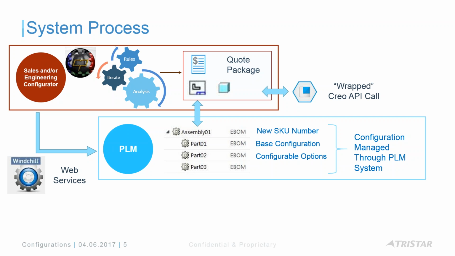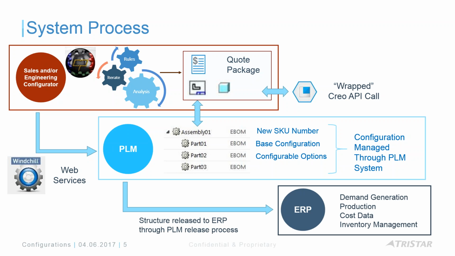So we're leveraging all the core PLM functions as well as automating CAD generation, and the end result is a bill of materials and the resulting CAD data automatically derived from the sales and engineering configurator. From there, you could go through a standard release process through design engineering.